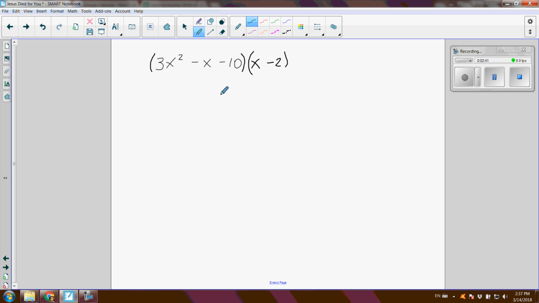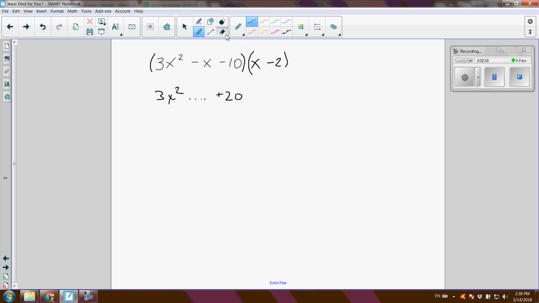You get 6 terms, and some of them would combine. You'd have 3x squared, a whole bunch of other stuff, and the last term would be negative 10 times negative 2, plus 20.